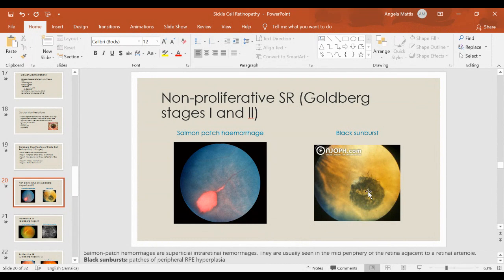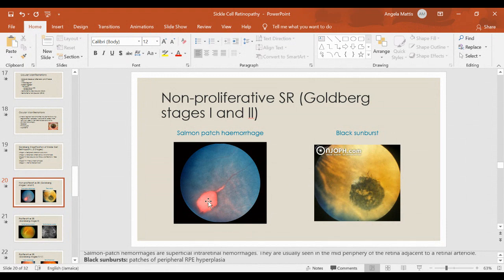And then there's the black sunburst, which is what this is. And we see it all the time. We see a patient, and the patient comes in, and you look in the dilated fundus, and you see this, and you say, do you have sickle cell disease? Because just looking at the retina alone, you can tell that this is a lesion of sickle cell.